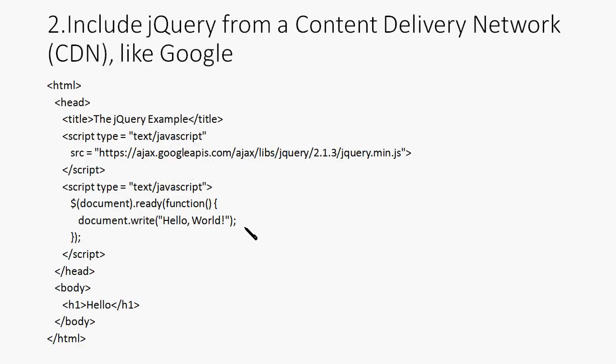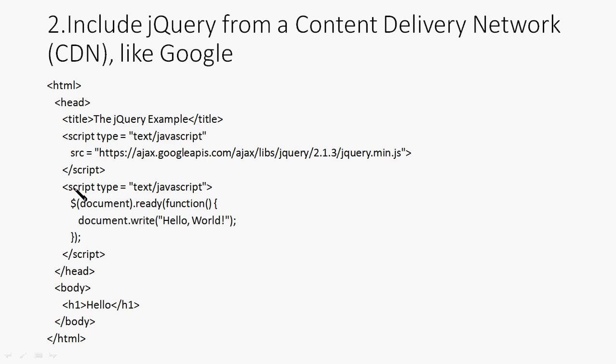Another way you can use jQuery is that you need not download it. Instead, you can use jQuery from content delivery networks like Google and Microsoft. Some of the world leaders provide content delivery networks. You just mention the content delivery network's path, and you can use it.